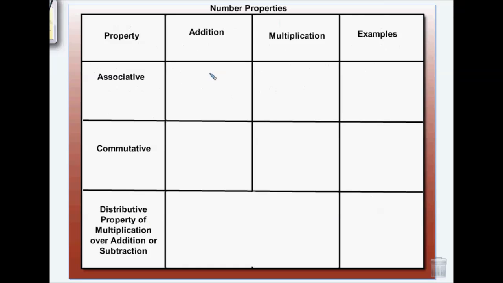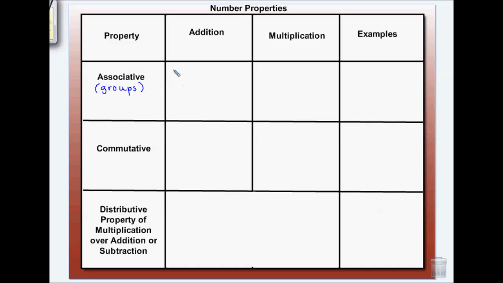The American Heart Association. That's a group, right? Associations are groups. And the associative property is just changing the group.